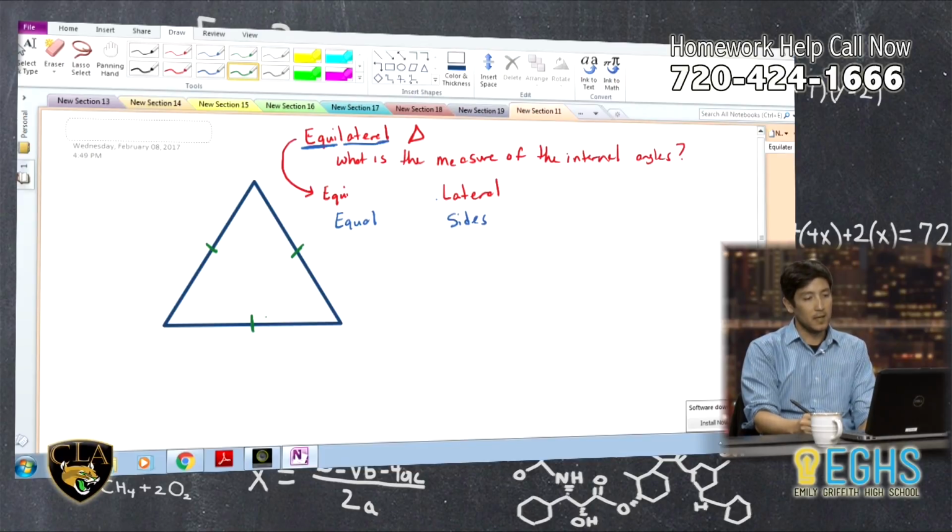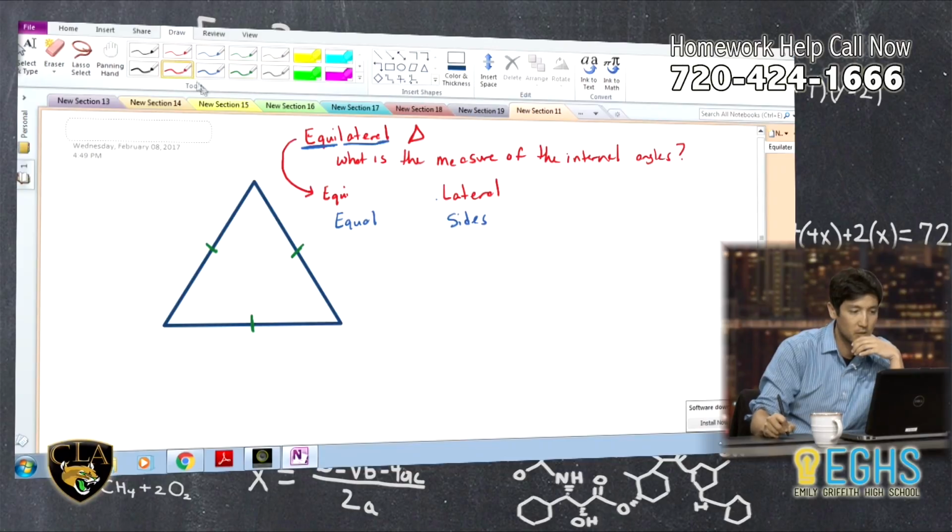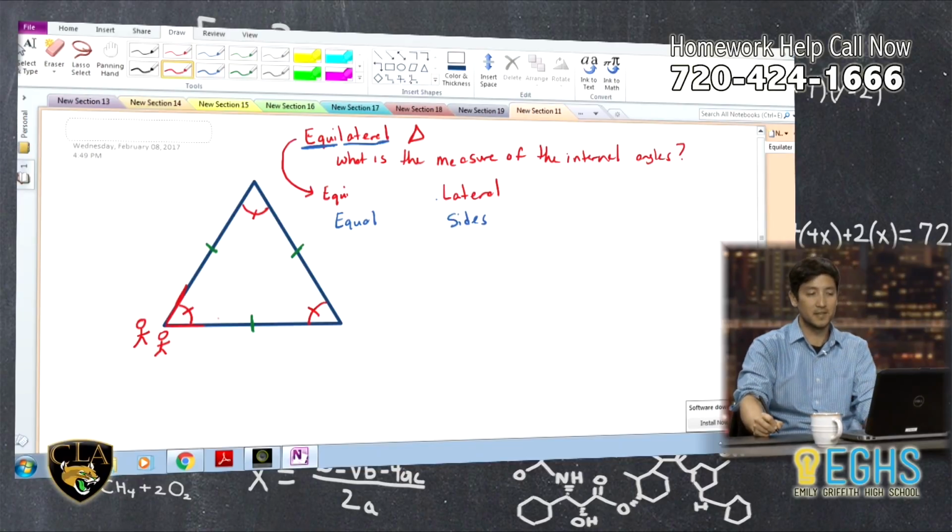So in an equilateral triangle, all the sides are congruent, which means, and I won't get too into this right now, that all the internal angles also have to be congruent. I like to think about it like if two people were standing here and started walking apart from each other at these angles, eventually they would be a certain distance apart.